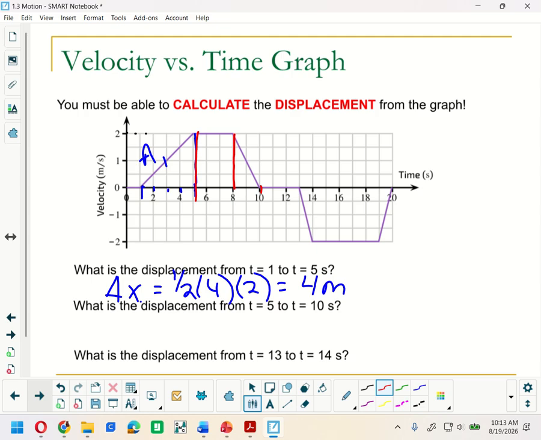We have a triangle and a rectangle, right? Did I give you the formula for a trapezoid? Say no. I didn't, and I don't like doing that because it's easier to just do it as triangles and rectangles and break them up. So from 5 to 10, I have a rectangle here and a triangle there. I'm going to call this one A2 and this one A3.